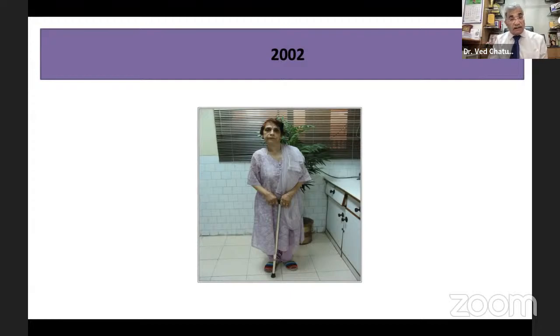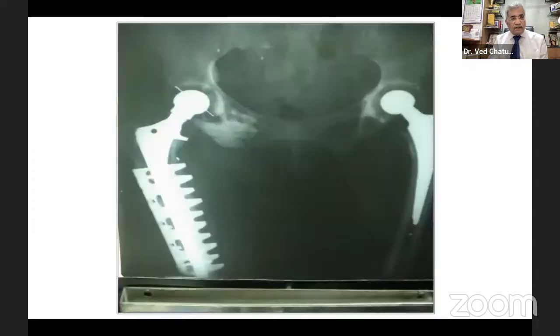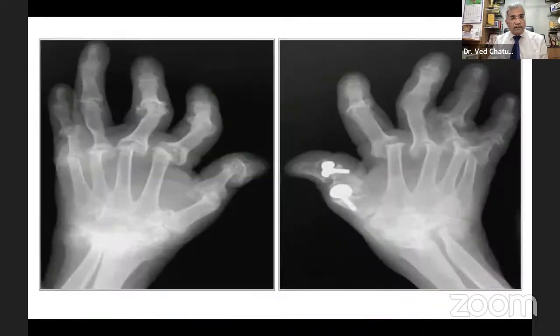She was taking other combination drugs, but in spite of those drugs, and this was the year 2002, not now, and a good treatment, she lost both her hip joints, both knee joints, and multiple joints. So something had to be done.